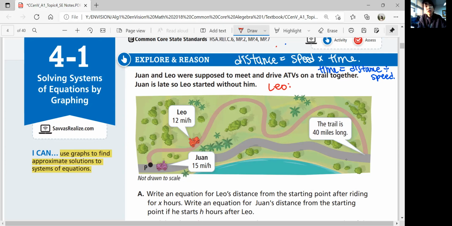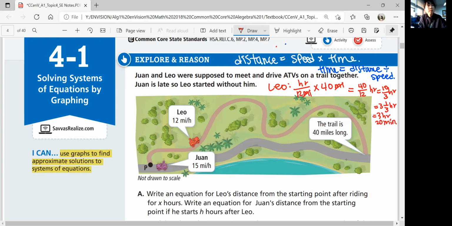So you're going to divide 40 by 12, because every hour Leo travels 12 miles. 40 divided by 12 is 10 over 3, which is 3 1/3 hours, or 3 hours and 20 minutes.